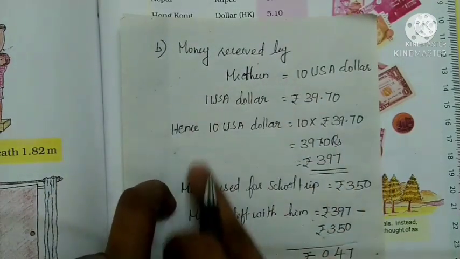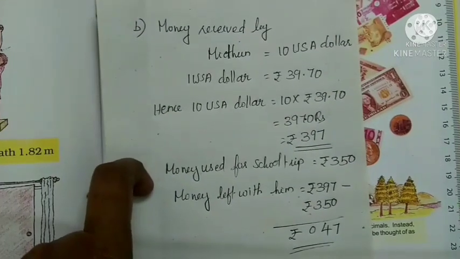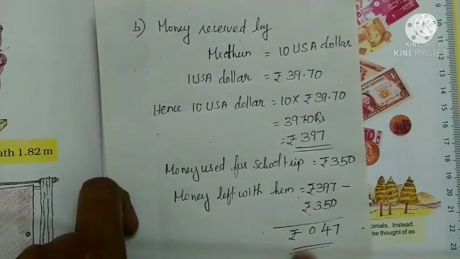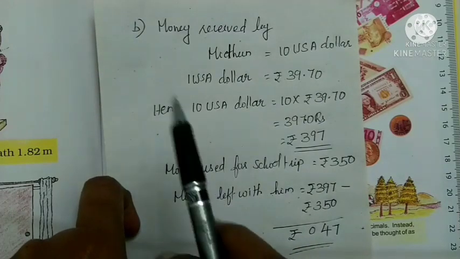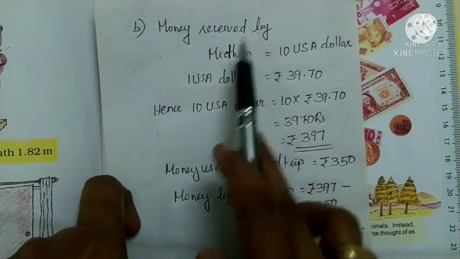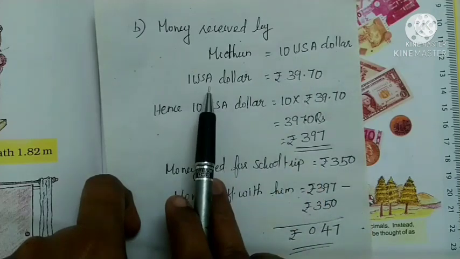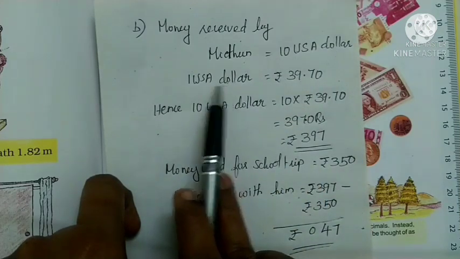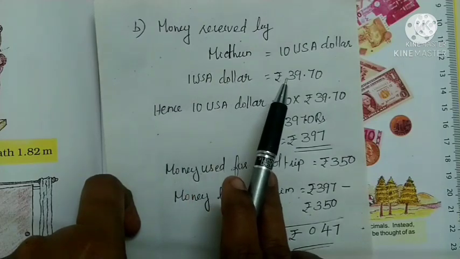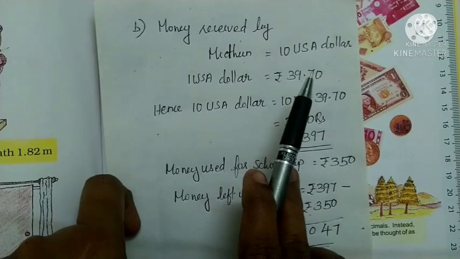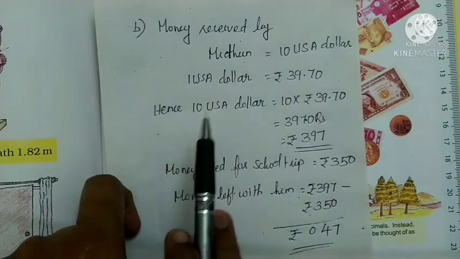So these are the steps we have to use to find the answer. So you have to write it in your notebook clearly. So once again I read the steps. Money received by Mithun, 10 USA dollars. Next we have to find out how much money is 10 USA dollars. So first step, 1 US dollar is equal to rupees 39.70. Then multiplying with 10, you can find out 10 USA dollars.